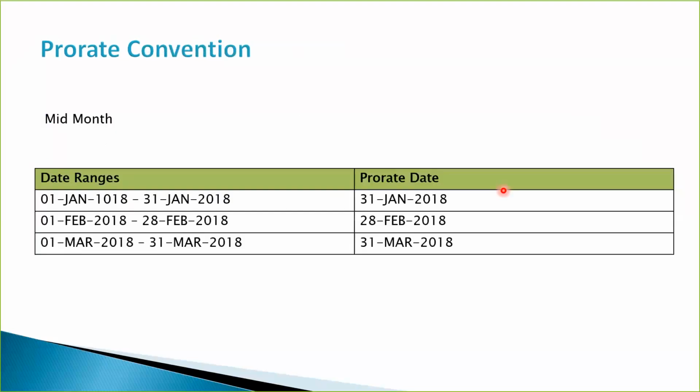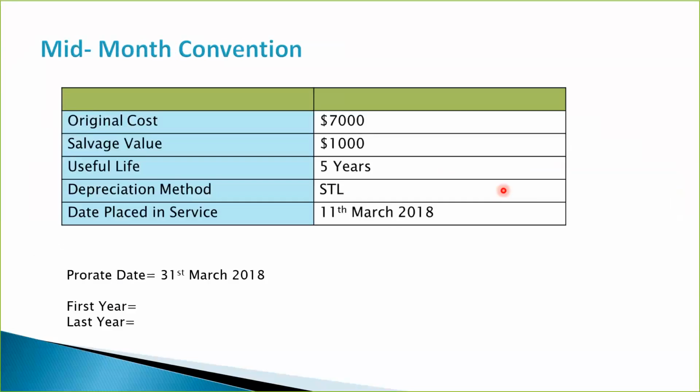If we use a prorate calendar that's the same as our depreciation calendar, like this one, we won't be able to calculate half the expense for mid-month, because the prorate date will always bring up a date belonging to the whole period.